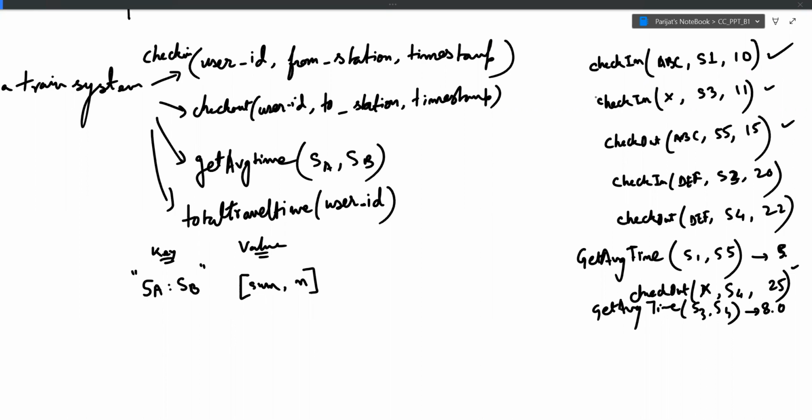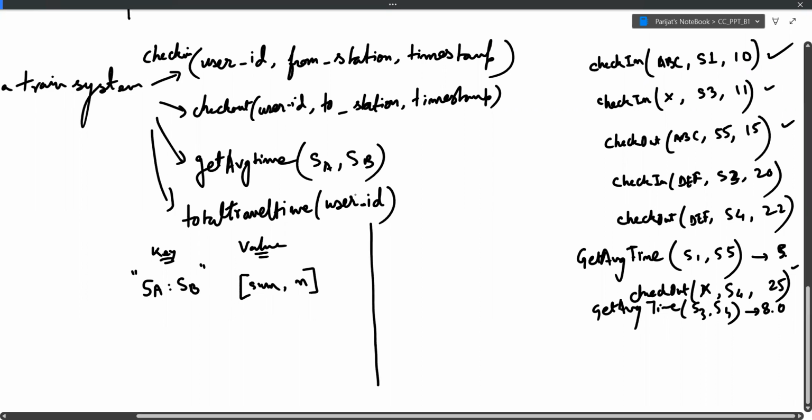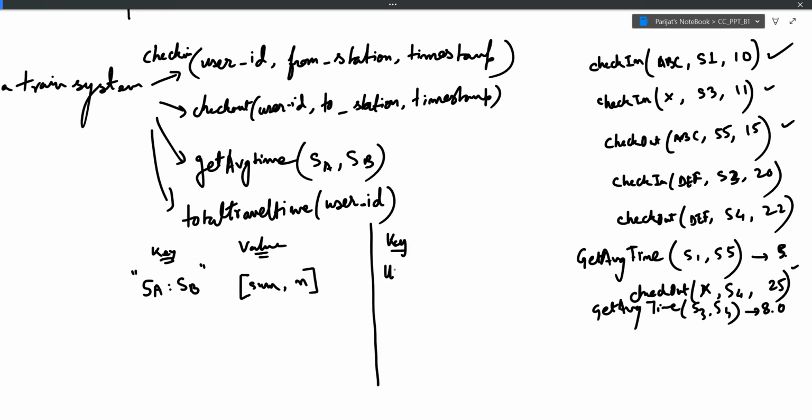Because we have to do it optimally, we can have another hash map, where the key is the user ID, and the value will be the station and the onboarding time, the station wherever he checked in, and the in time.